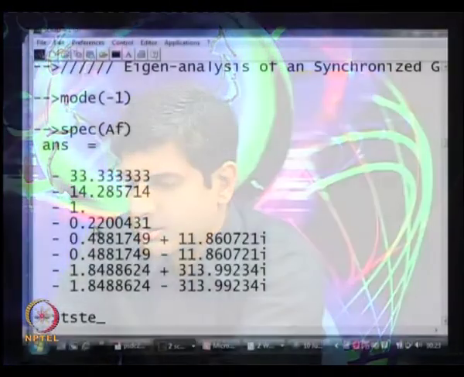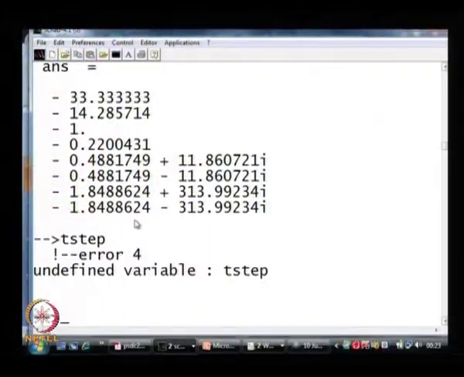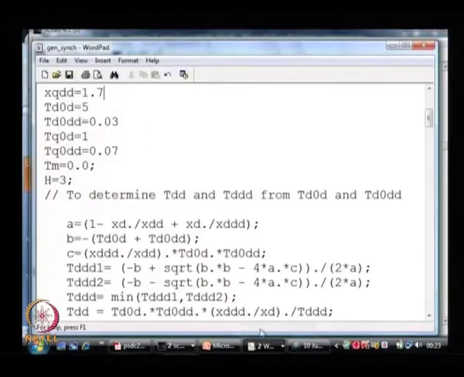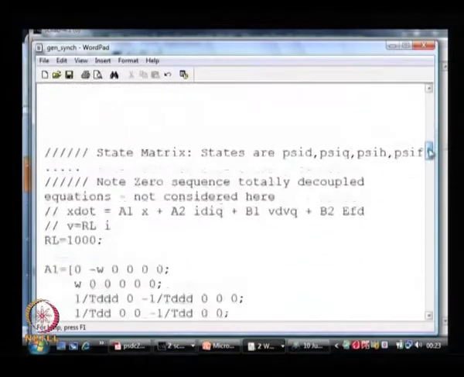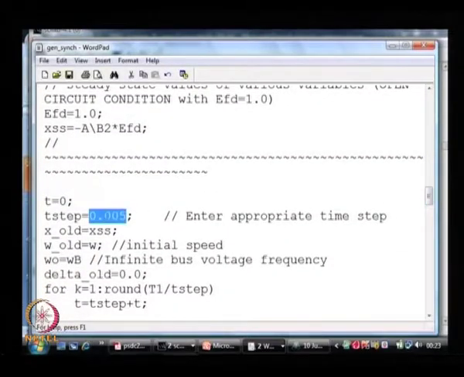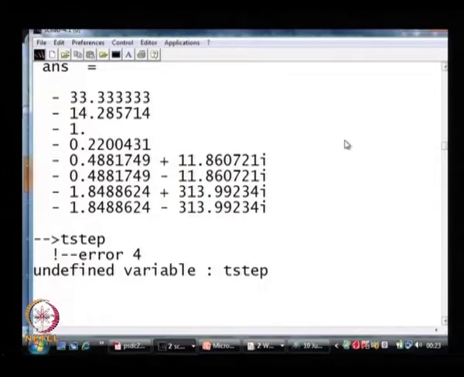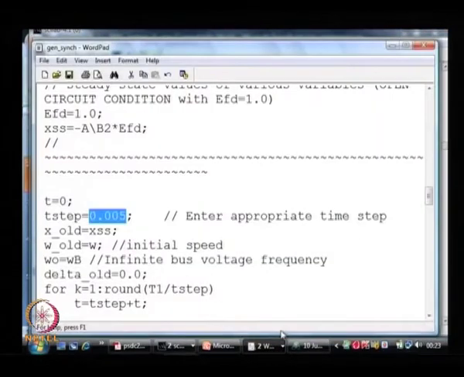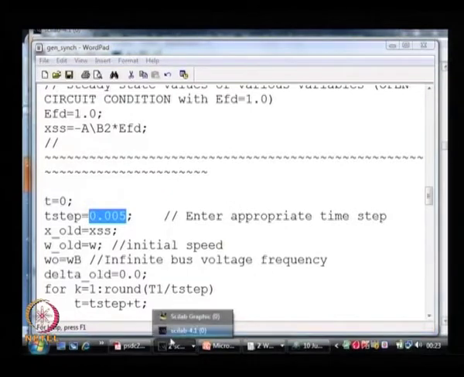with a time step of, I just forgot what the name of the variable is for time step, I will just get that. Okay, with a time step of 0.005, a system with a poorly damped oscillation like this one is likely to show, so let us just see this again, T step.